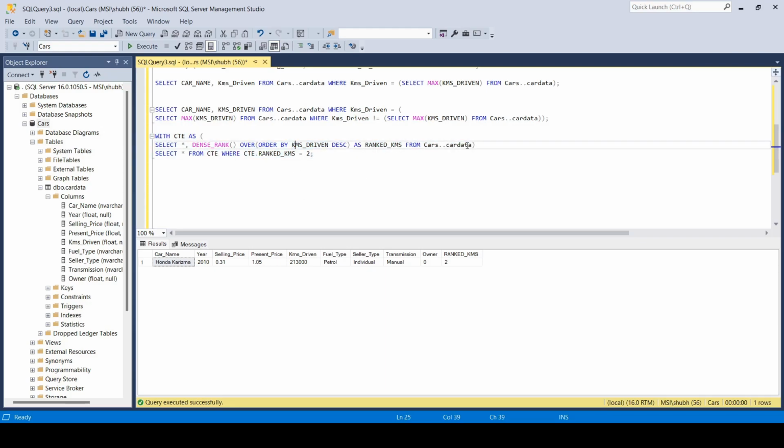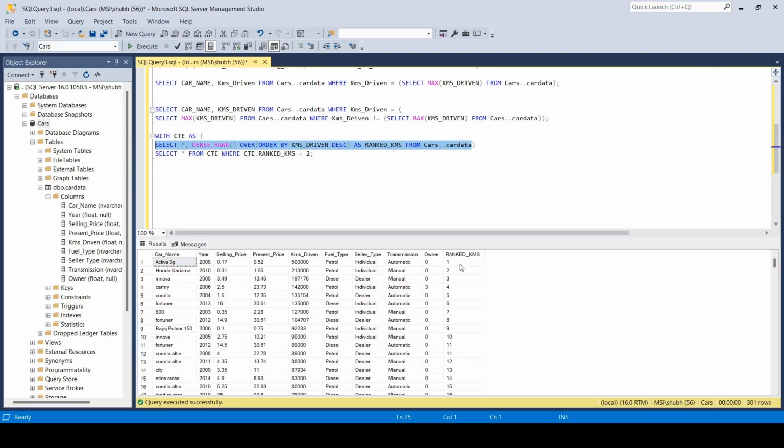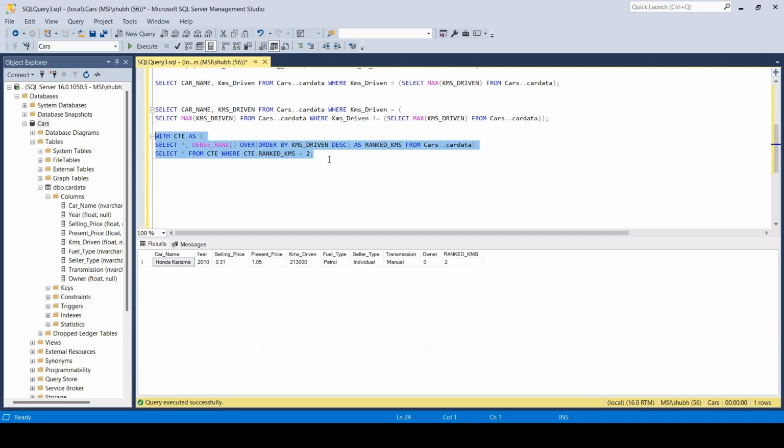So if we just execute this, we can see ranks. So all are descendingly arranged. And so second is Honda Charisma, which should be the answer. Yes.